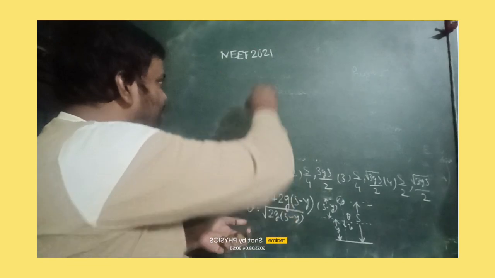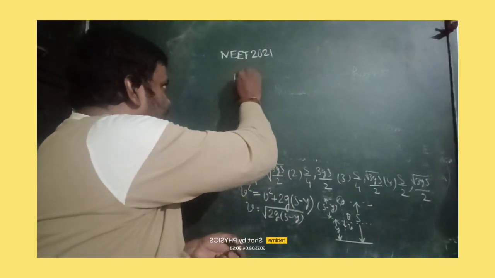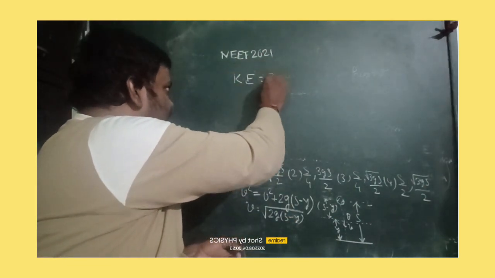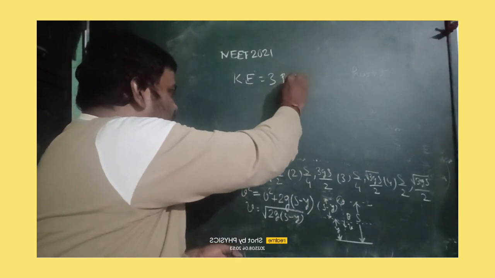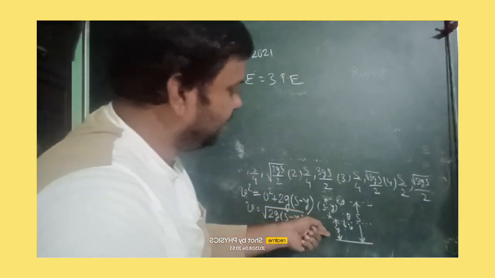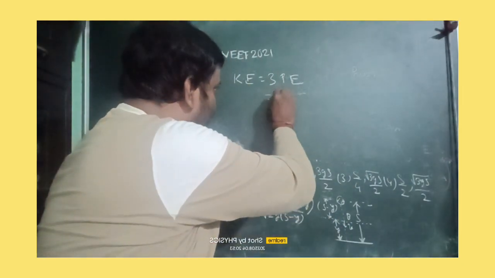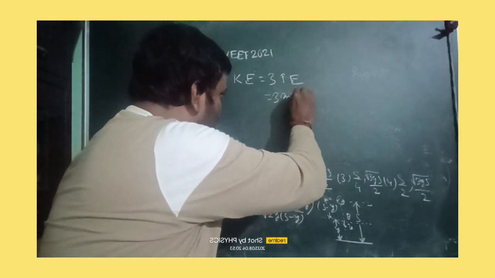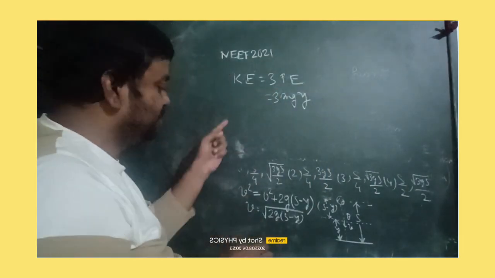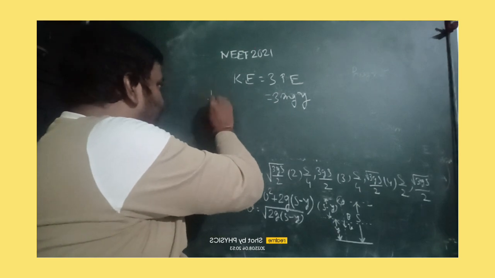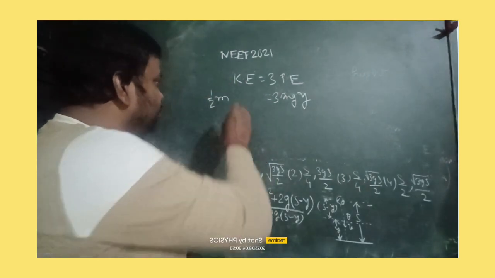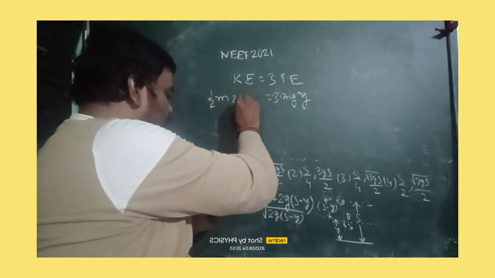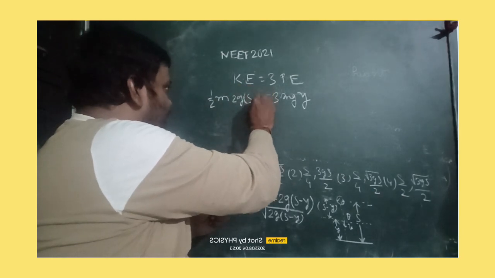Now the condition has been given: kinetic energy is 3 times the potential energy. Now what is its potential energy at the height y? That is 3 into mgy. Now what is its kinetic energy? Half m into v square. What is v square? 2g into (s minus y).